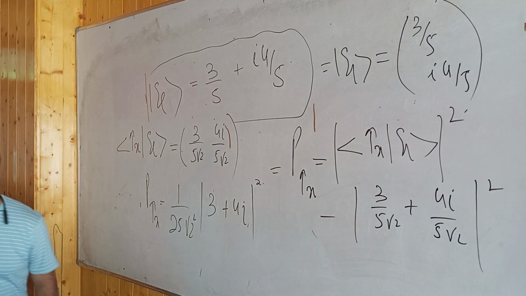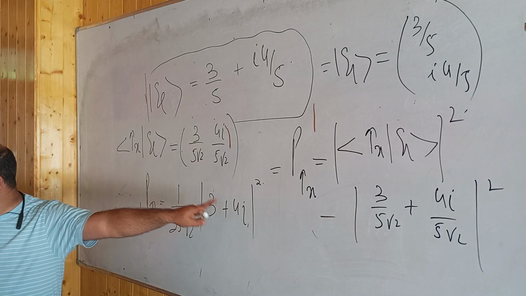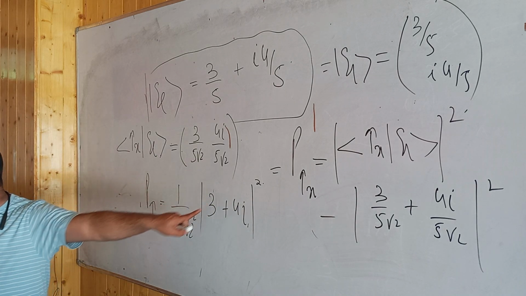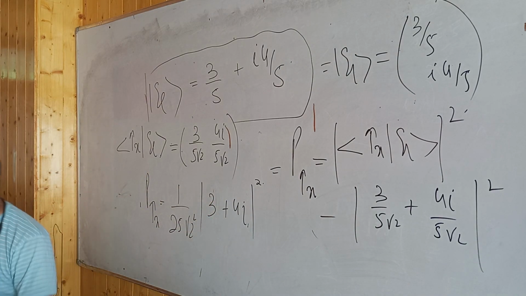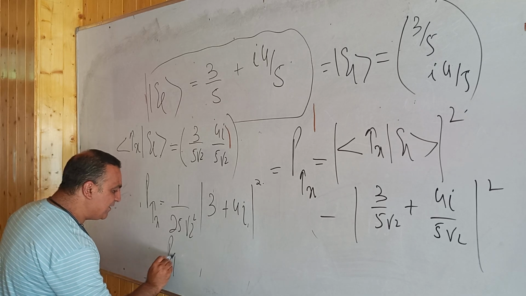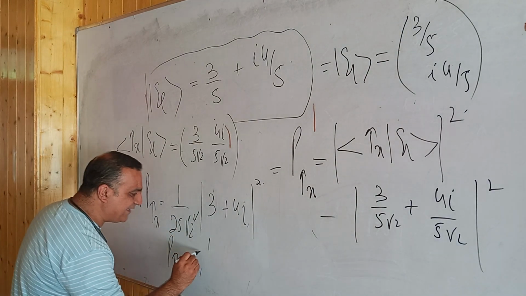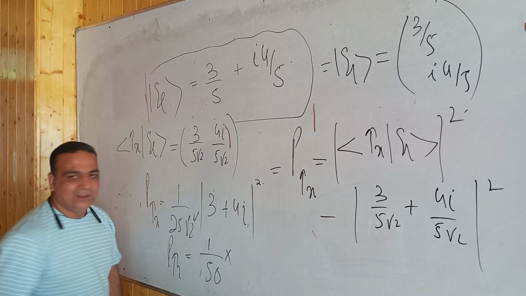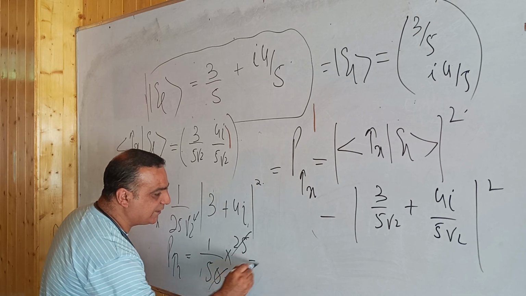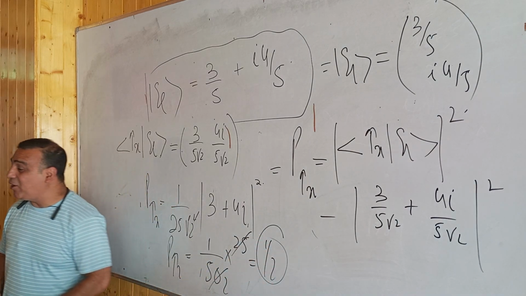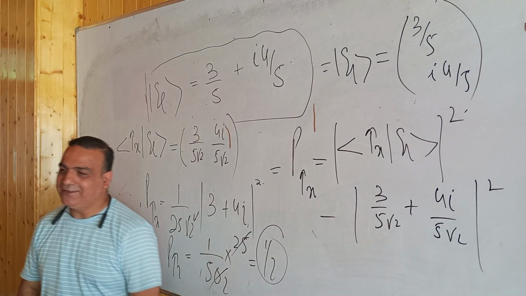That is 9 plus, it becomes plus because you are taking the complex conjugate, 16, so you will get 25. The square and root cancel, so I get 1 by 50 times 25. So the probability of getting spin up is 1 by 2. Right?